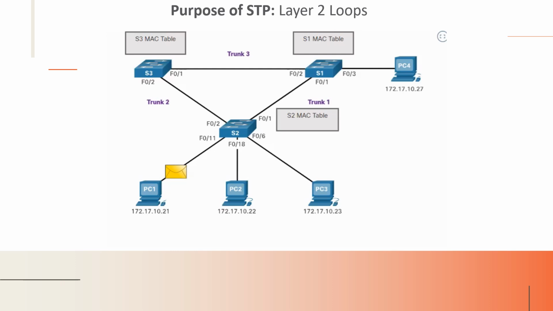This means it enters a broadcast loop and will make the CPU utilization of the devices very high, so the switch cannot forward the frames to the destination. So it ends in an endless loop.